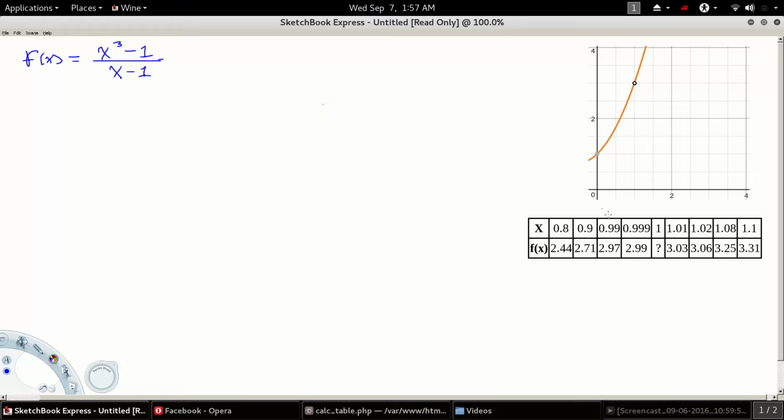So what we're actually doing is taking x values that are to the left of x equal to 1, the point on the graph that corresponds to x equal to 1, and values on the right of it.